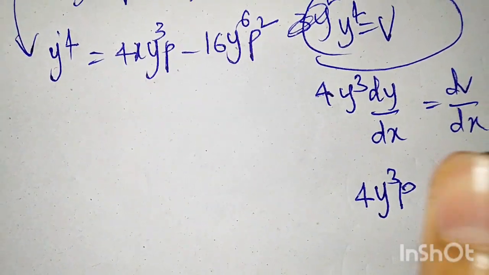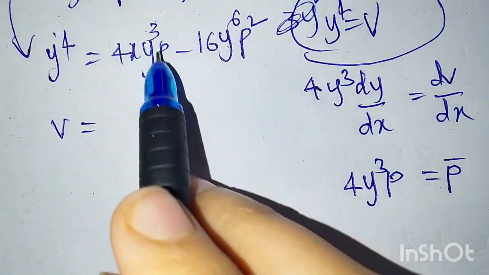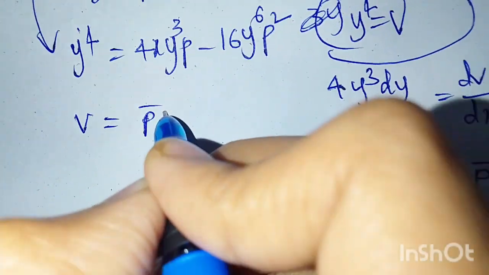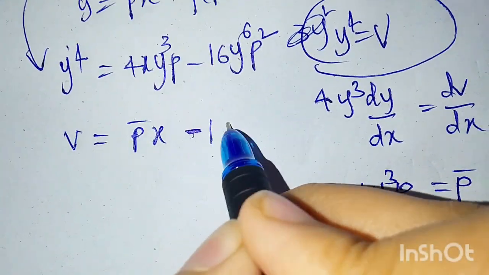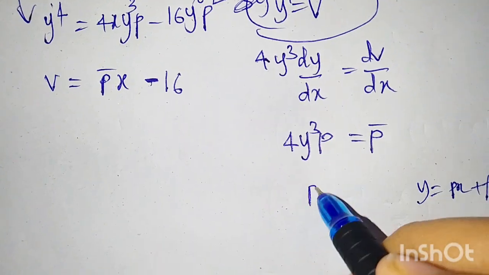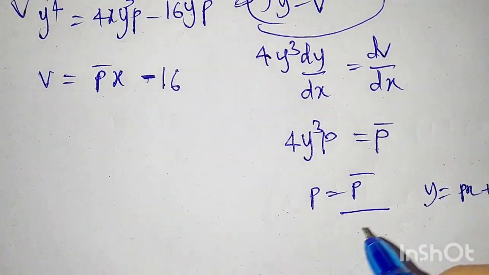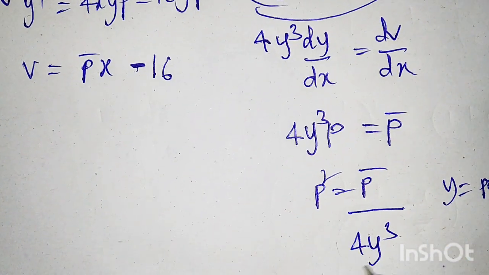So I'll substitute. So v is equal to 4y cube p, which is nothing but p bar x, minus 16 y power 4 p square. So see here, p is p bar by 4y cube. What is p square? p bar square by 16 y power 6.